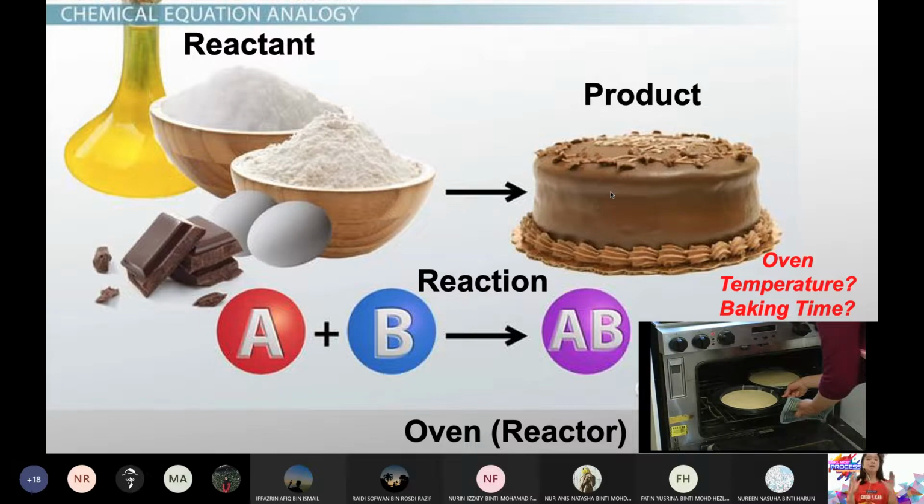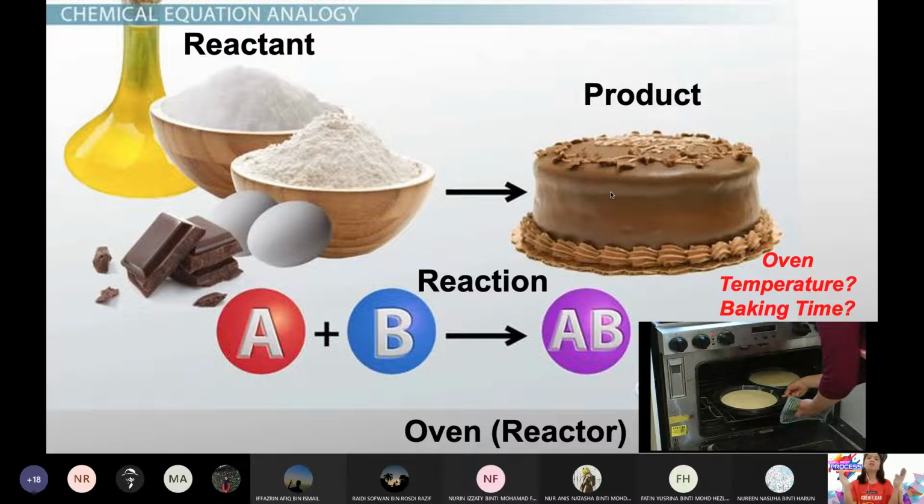Okay, tapi kamu bayangkan kalau in the oven design, you have to ensure the heat distribution is evenly distributed. Katakan kalau haba, the heat is not evenly distributed, your cake will not bake evenly, kan? Mungkin atas dah bakar, atas dah masak, bawah tak masak lagi. Kenapa?